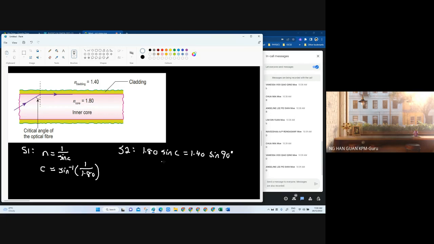So that means 1.80 over 1.40 equal to sin 90 degrees over sin C. So that means C will equal to sin inverse of 1.40 over 1.80. Okay.